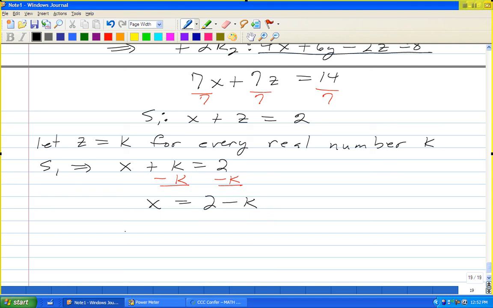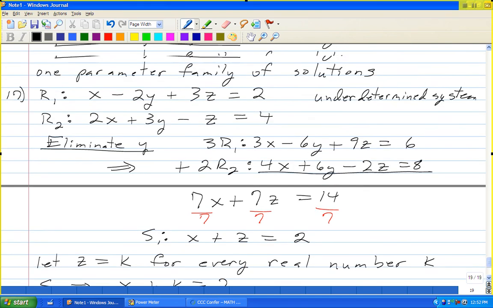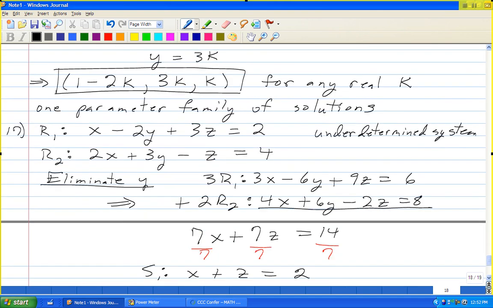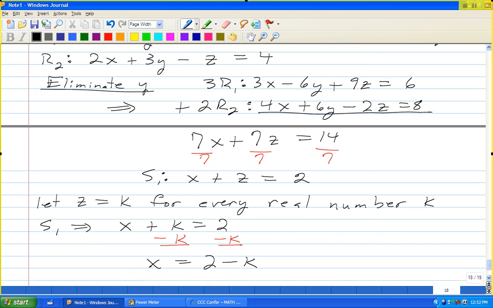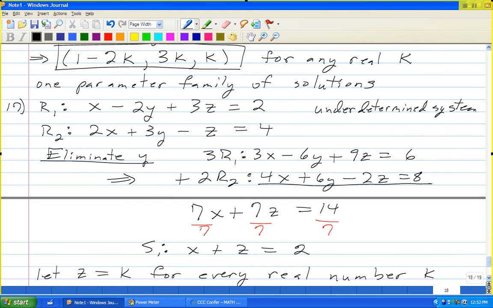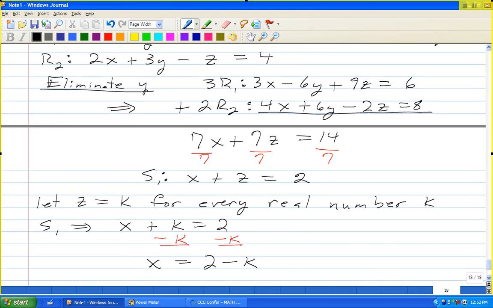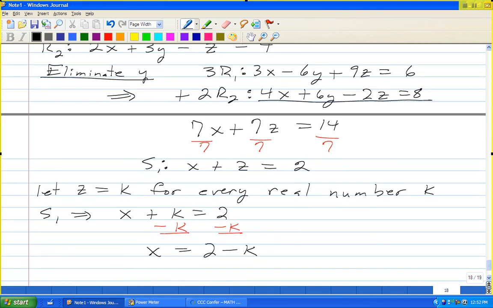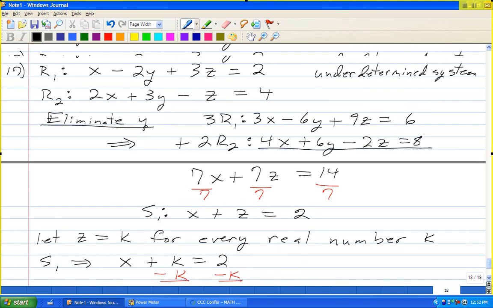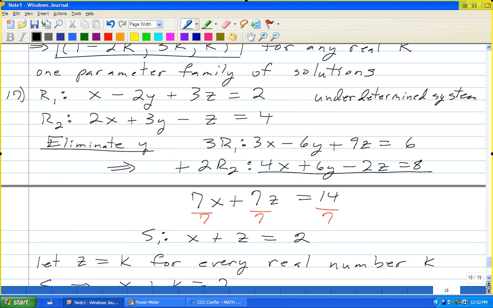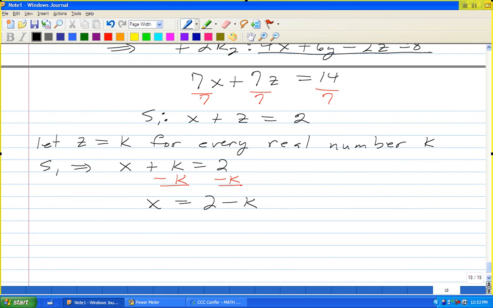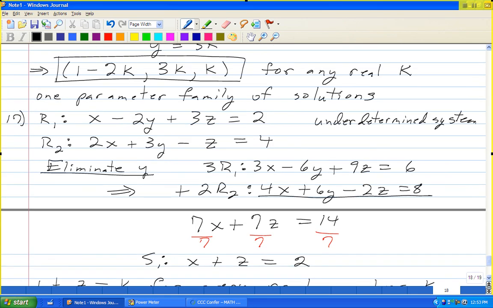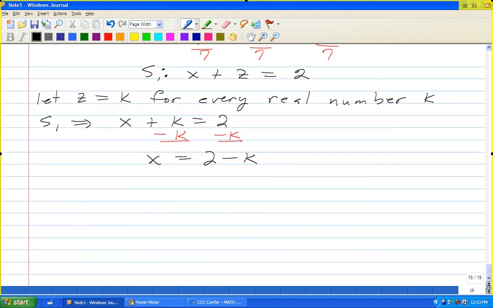Let's determine y. None of them is easy. If I would have let it be a 3k, it'd actually be better, because then, well, we'll have fractions, but okay. So let me look at R2.